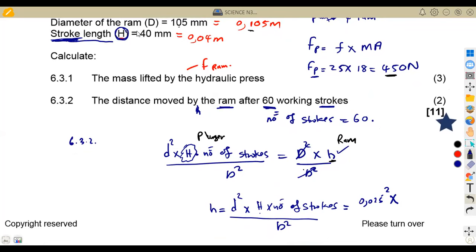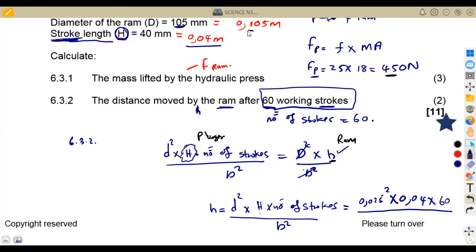Whether they wrote this as L, as capital H, or a small letter h does not matter. What you need is to understand what it means. So this is your stroke length of 0.04 meters times the number of pumping strokes. We are given that the working strokes is 60. So we're going to multiply by 60 over d squared, which is the diameter on the ram.